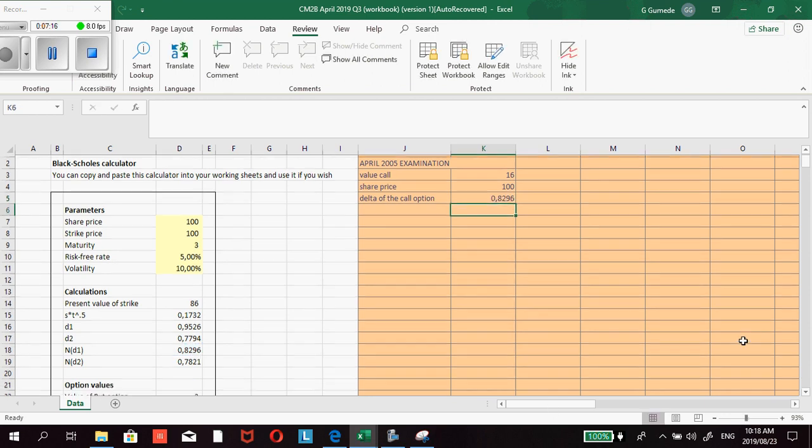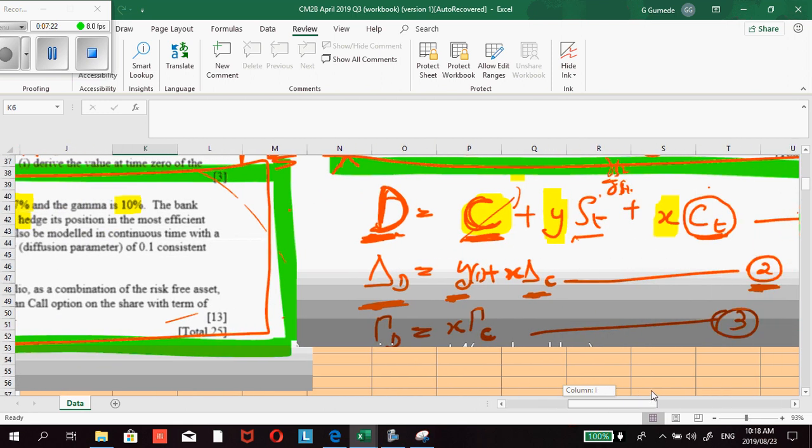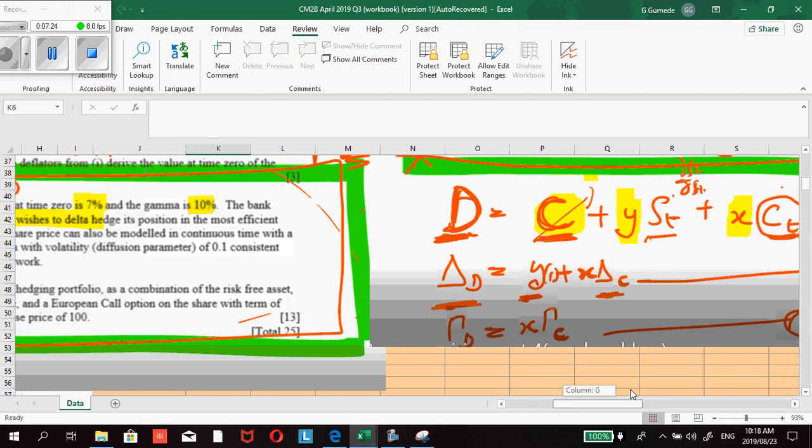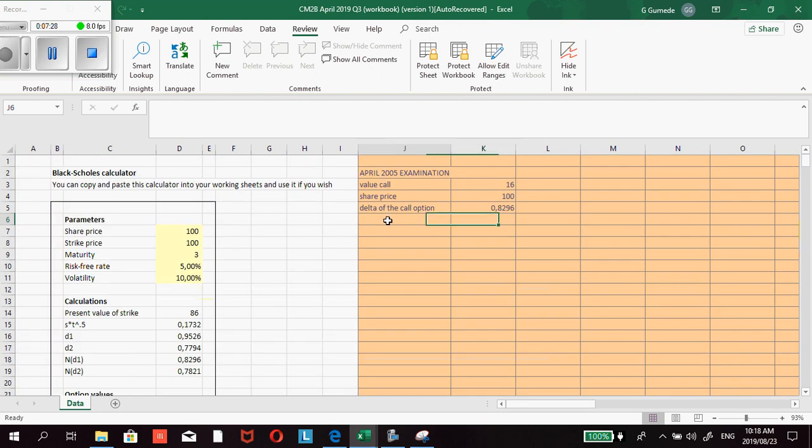Okay, let me go in my equations and see what I also need. I also see that I need the gamma of the call option.